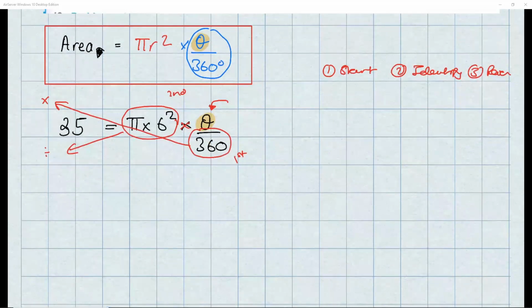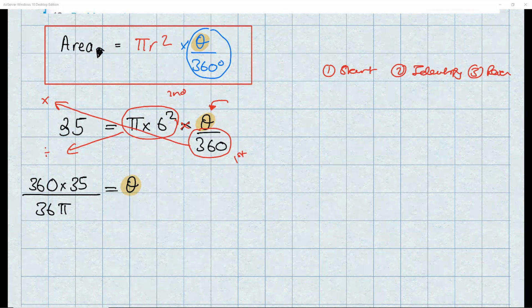So if I rewrite it more clearly, we'll have 360 times 35 divided by 36 pi is equal to theta. Is that correct? Yeah. Okay.